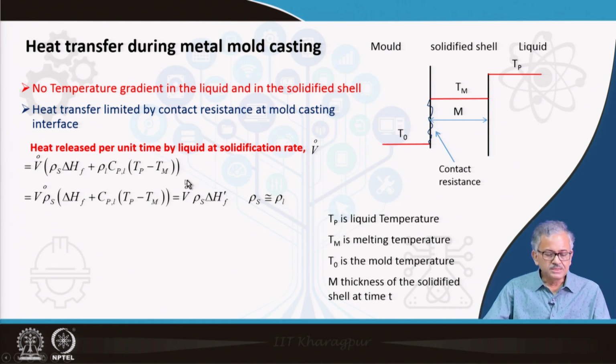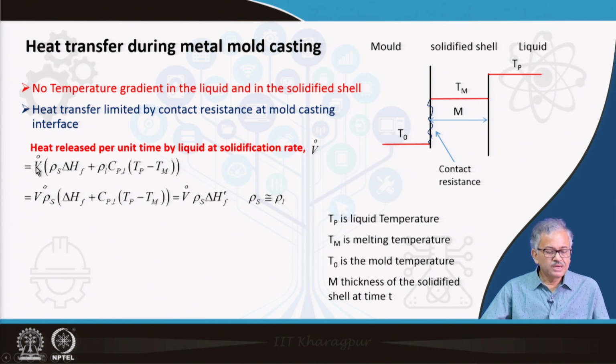And this gives you the sensible heat, because V naught into rho L, where rho L is the liquid density, is the mass of the liquid per unit time that will get solidified, into CPL into Tp minus Tm. This will give you the sensible heat released when the liquid temperature comes down from the pouring temperature to the melting temperature.